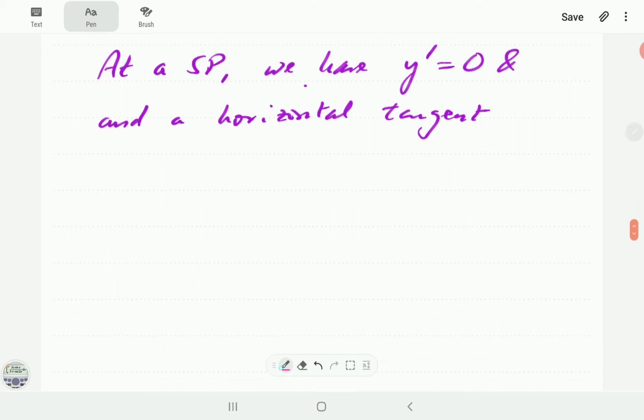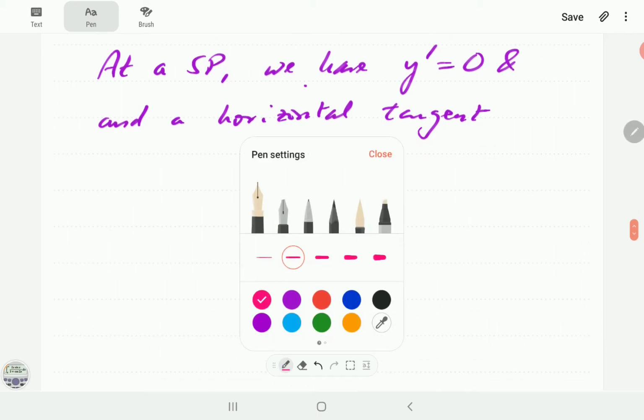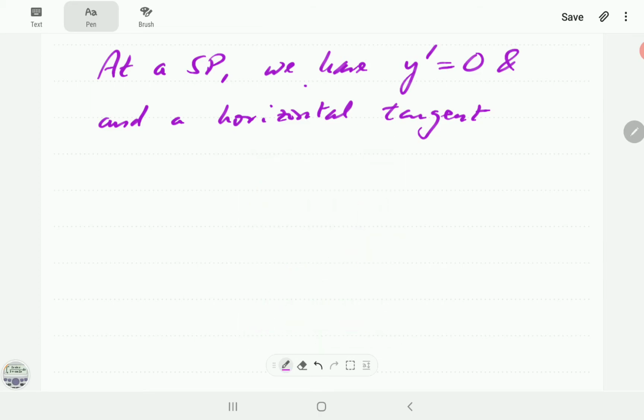Now, stationary points can further be subdivided into what we call turning points or inflection points. So we're just going to do a diagram here. So we have stationary points at the top.